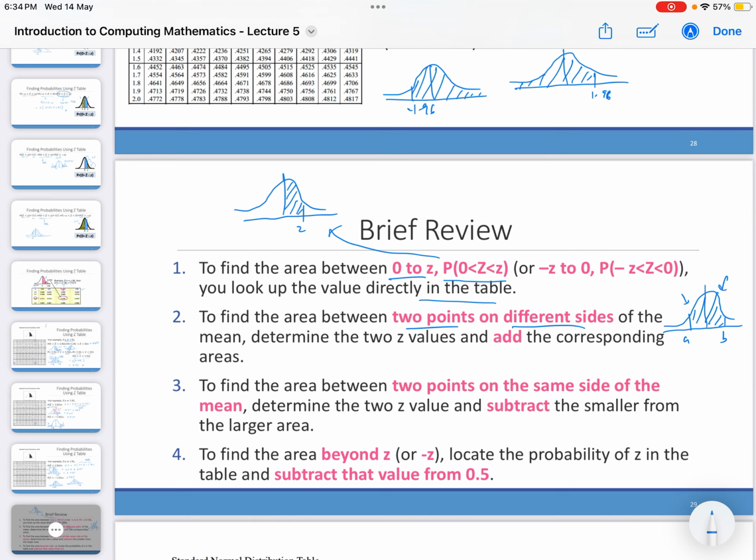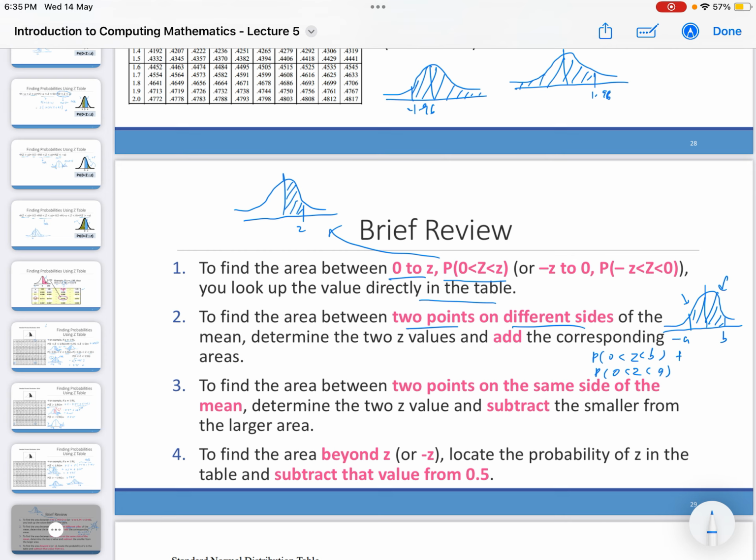And then this one, A is negative, so we can reflect to the positive side. Also, we can look directly from the table. So basically this one is equals to probability of z from 0 to b plus probability of z from 0 to a.